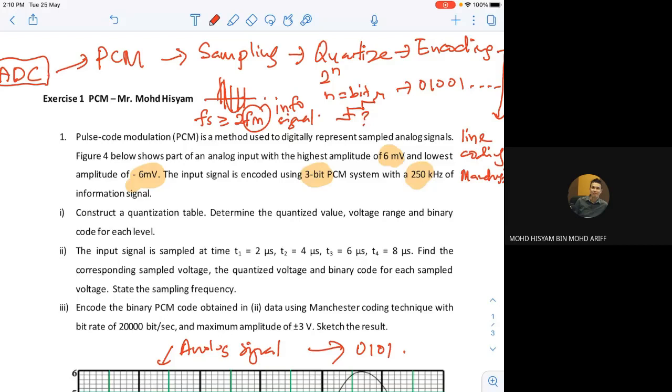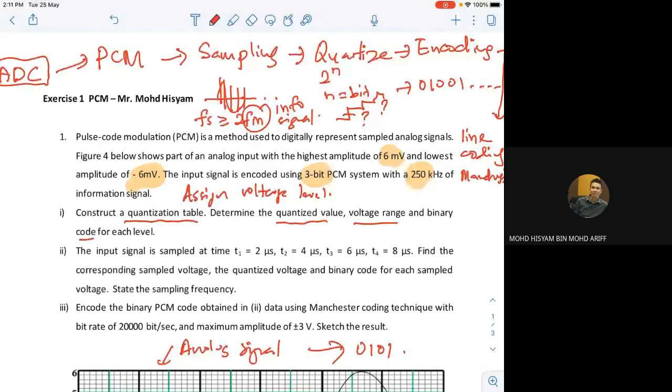The second level, what is the voltage? Because we want to convert from analog to digital. Remember, construct the quantization table. We assign voltage levels, so you need to know the quantized value, voltage range and binary code for each level. You must build the table. This is what we call the quantization part.